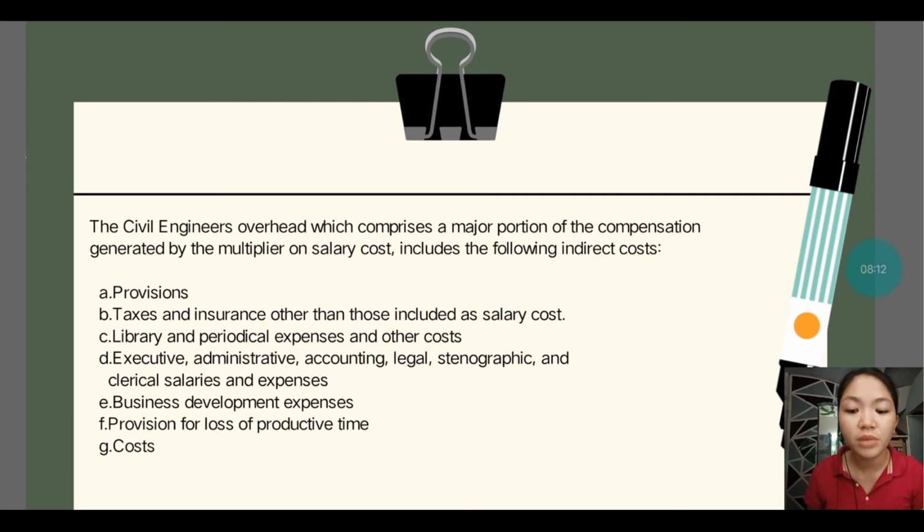Letter E, business development expenses including salaries of the principals and the employees engaged. Letter F, provision for loss of productive time of technical employees between assignments and for time of principal employees on public service and assignments.